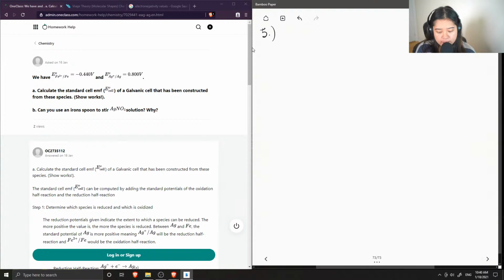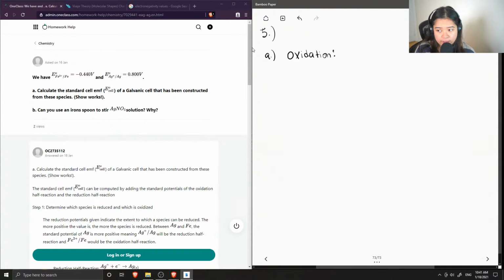Okay, so for this question, let's first show our oxidation reaction and our reduction reaction. For the oxidation reaction, this is when the species increases in its oxidation number. And it also typically has the lower reduction potential. So the lowest value is the negative 0.44.